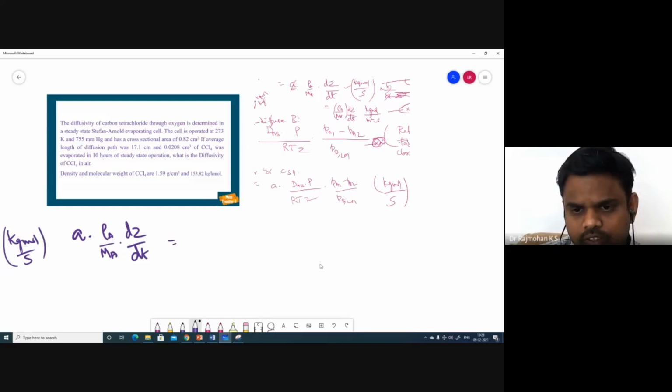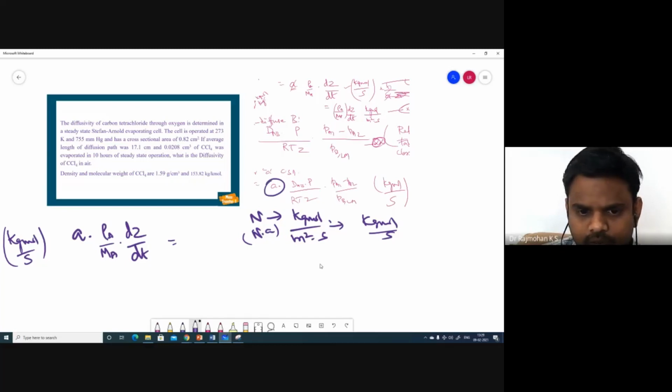This is equal to flux. Flux unit is kg mole per meter square second, so if you multiply by area, you get kg mole per second. So for the flux equation, we are multiplying by area to have balance here.